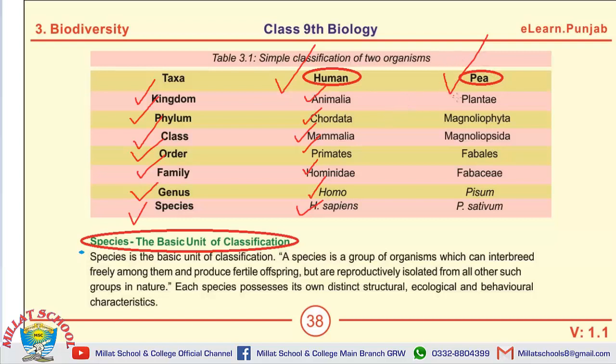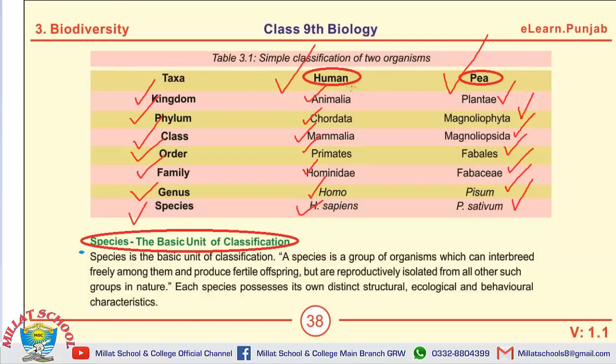And if we write the classification of pea plant, then kingdom Plantae, phylum Magnoliophyta, class Magnoliopsida, order Fabales, family Fabaceae, genus Pisum, and the species is Pisum sativum.